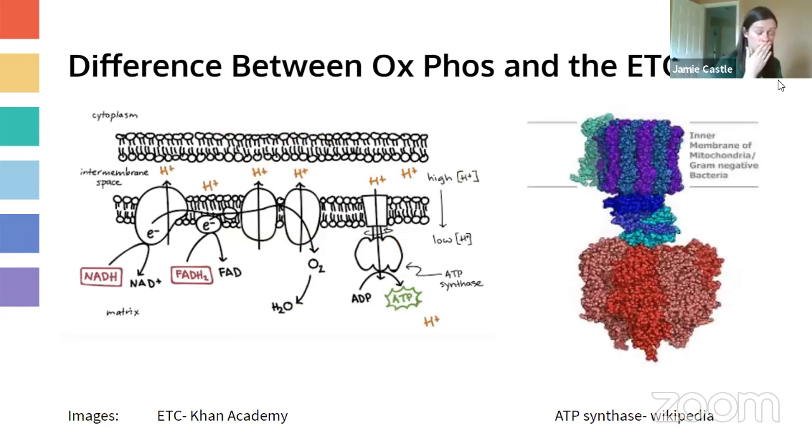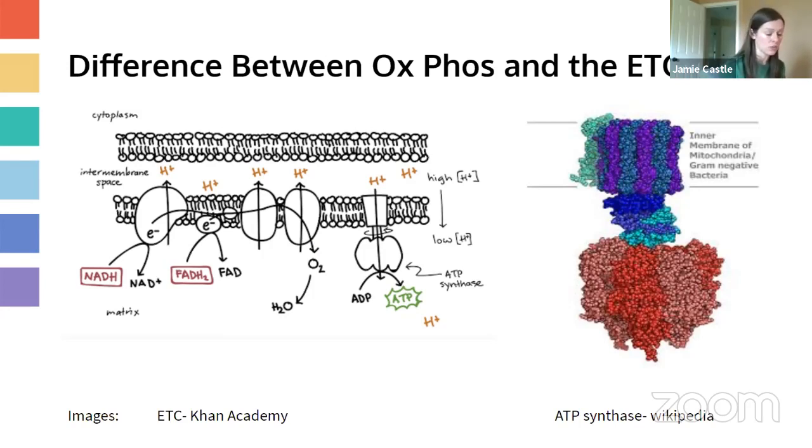That actually leads nicely into what is the difference between oxidative phosphorylation and the electron transport chain. So the electron transport chain is a term that just refers to the movement of electrons through a number of membrane proteins to essentially drive hydrogen ions across the membrane.